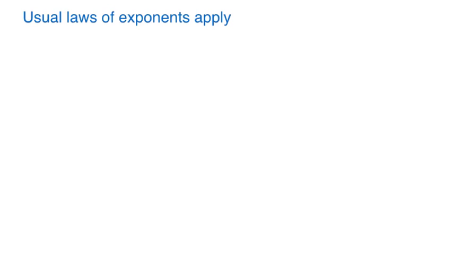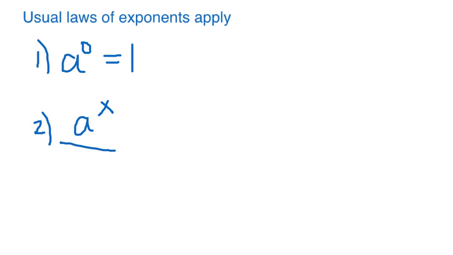The usual laws of exponents still apply here. So anything to the 0 power, no matter what the base is, is 1. Also, when you're dividing anything with the same base, you simply subtract the exponents. So this would be a to the x minus 4.